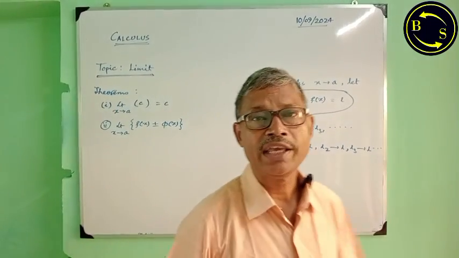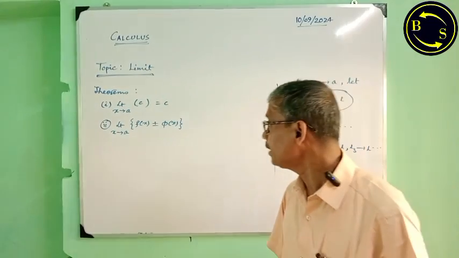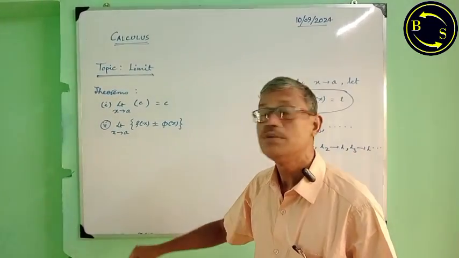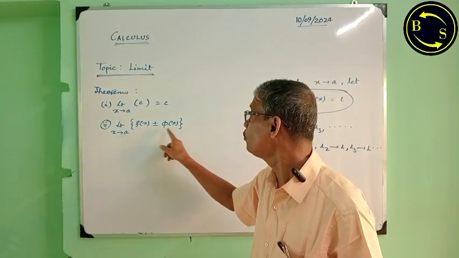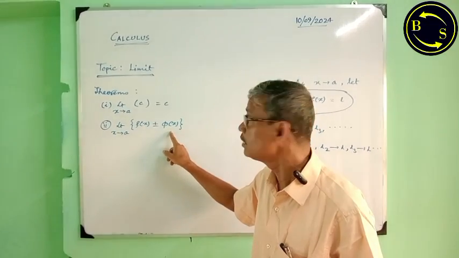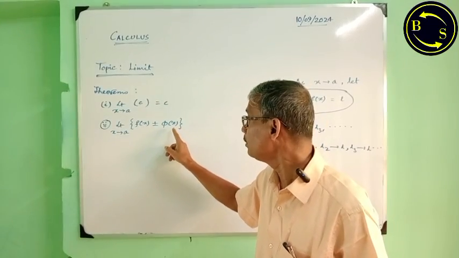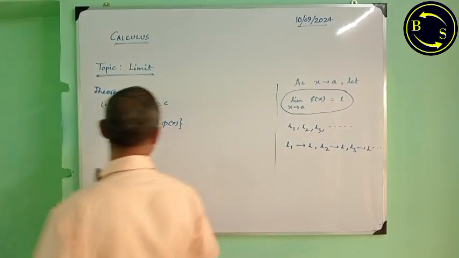If fx and phi x be two functions of x, then limit of the sum of two functions fx and phi x or difference of the two functions fx and phi x will be equal to the sum or difference of their limits.